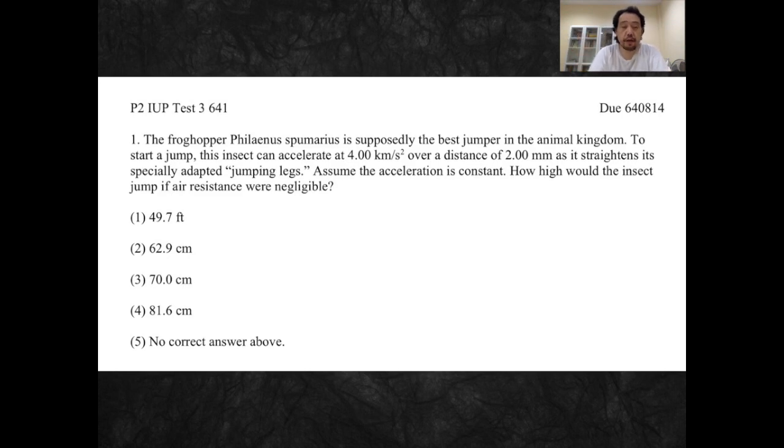Okay, so in this problem, this frog, this animal, can jump with some special mechanism. It can stretch its leg to accelerate itself with a very high acceleration, 4 km per second squared. And when it finishes this mechanism, it will gain some initial velocity, and then it jumps up.